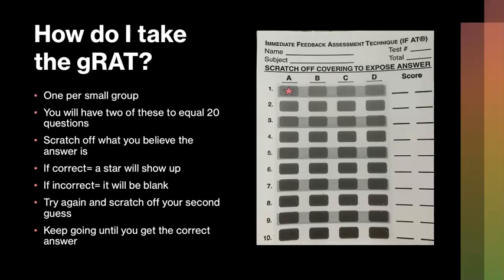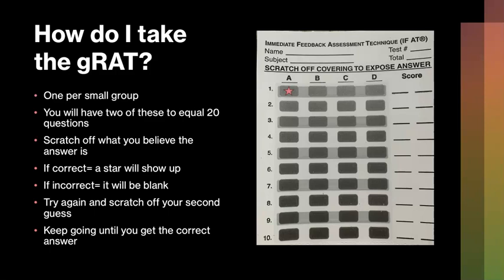And this is what the paper looks like. So you get one per group, and you'll actually have two of these because each paper only has 10 questions. And like I said earlier, it's 20 questions. And so what you will do is you'll scratch off what you think is the correct answer for, let's say, question number 1. And if it's correct, a star will show up, similar to what is on the PowerPoint slide in the pink star.